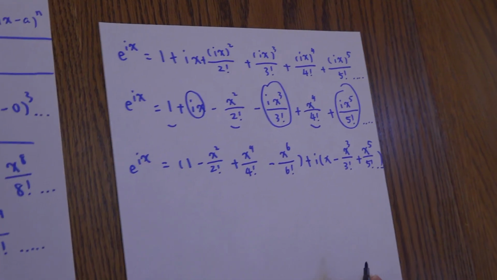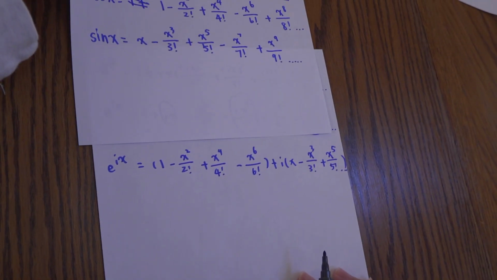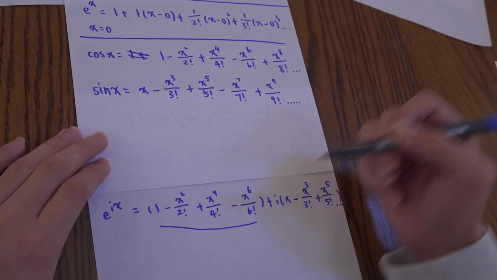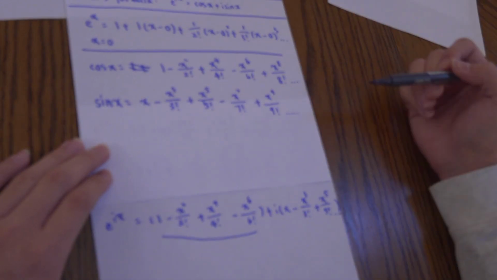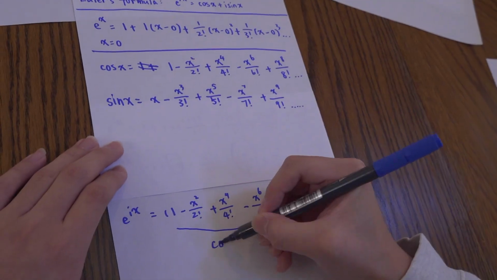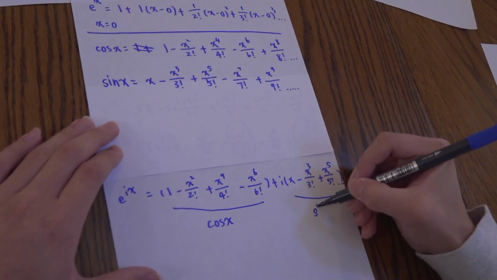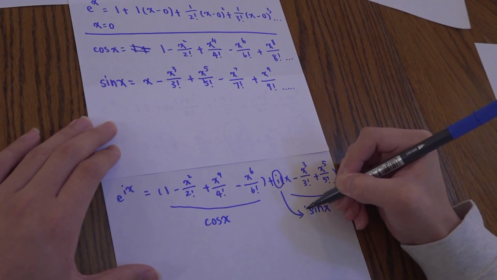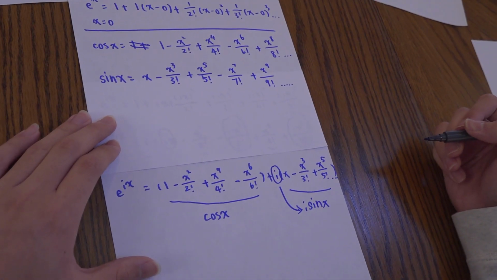Now if we take a close look, we can start to see that, wait, hold on. Doesn't this part look like the cosine equation? And this part, isn't it the same as sine? So this will be cosine, and this will be sine. Since we pulled i out, the i just comes down to the front of the sine.